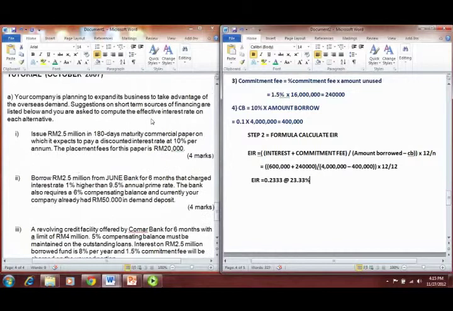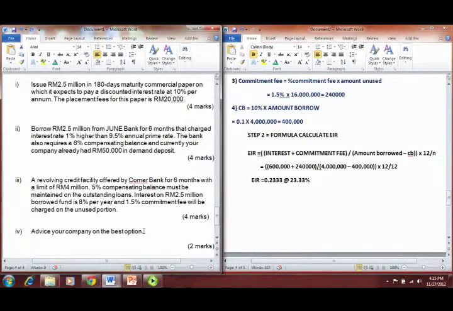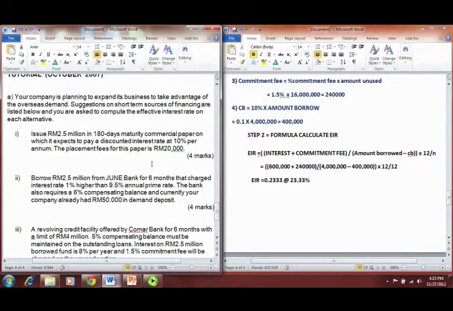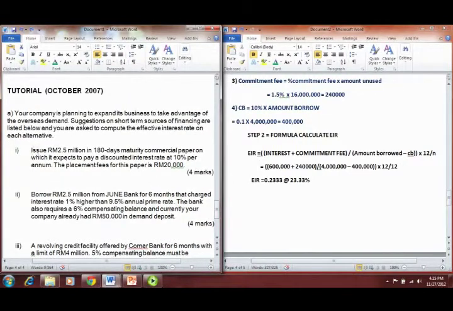I give you three questions, then you need to choose the best option. The best option is the lowest EIR, meaning the lowest cost of your short-term financing. You need to identify first whether this question is commercial paper, revolving credit, or discount interest rate. Because when I gave the first example, this question was commercial paper, so you apply the formula of commercial paper. Give it a try in your tutorial.